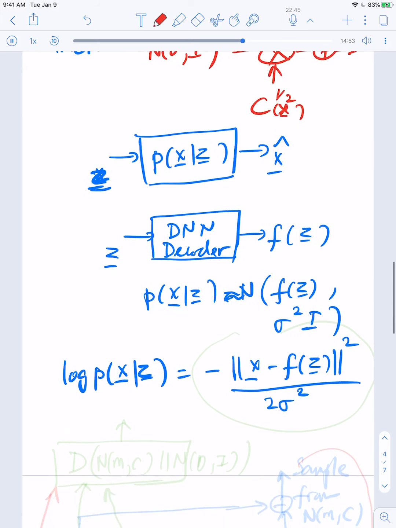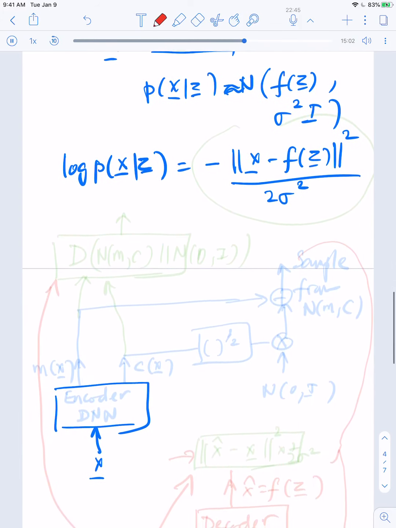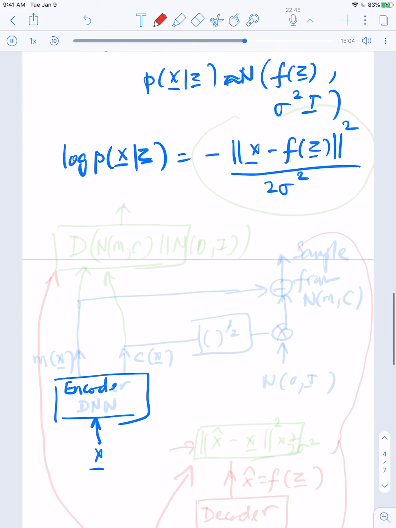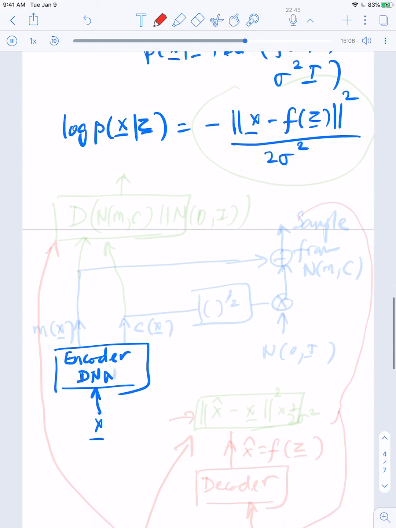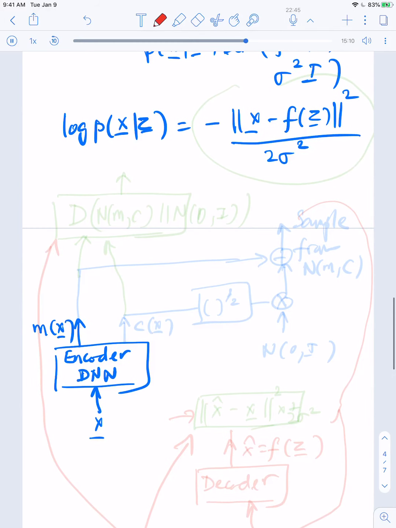So basically, let me draw it out. It's there in the notes as well. I have data coming into an encoder DNN that's generating both the mean and the covariance as a function of the input.